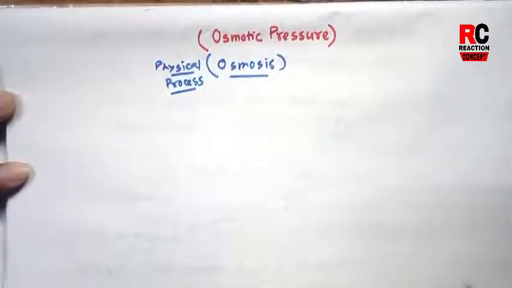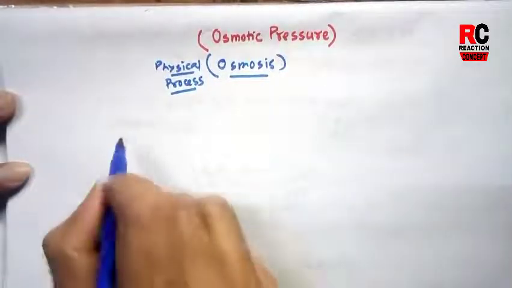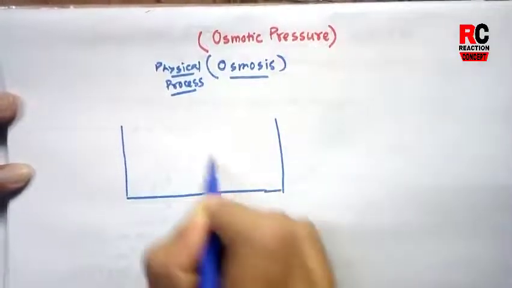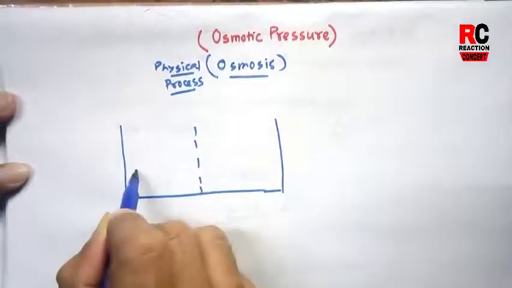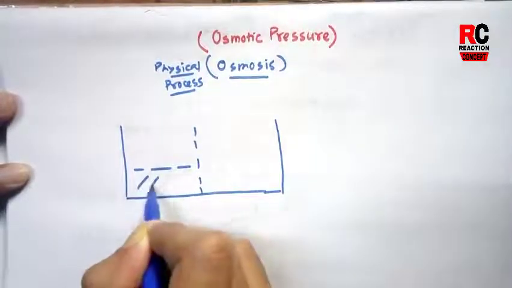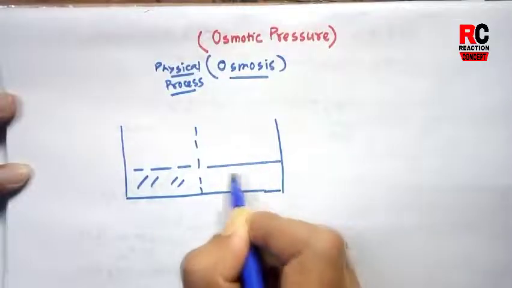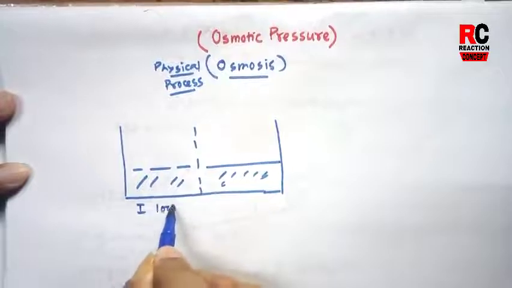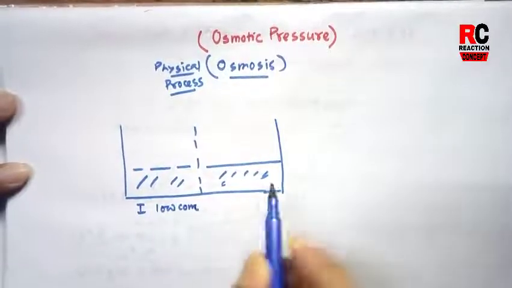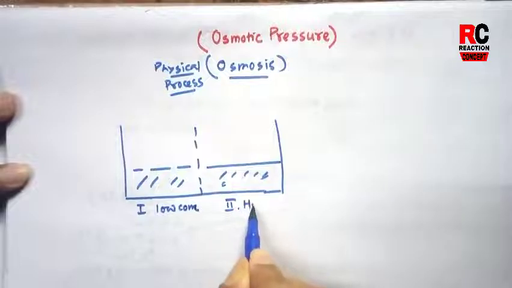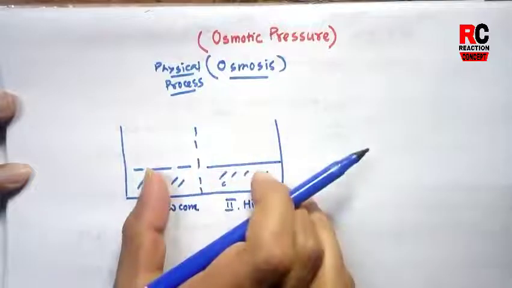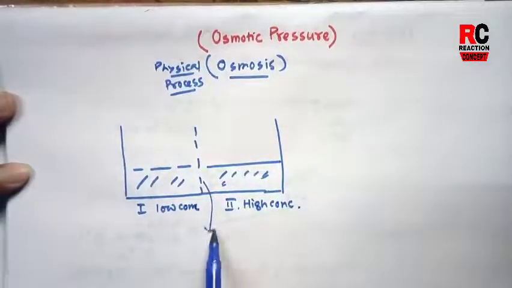Suppose you have two solutions arranged in such a way that this is solution 1 with low concentration. This is solution 2 with high concentration. And these two solutions are separated by a semi-permeable membrane.